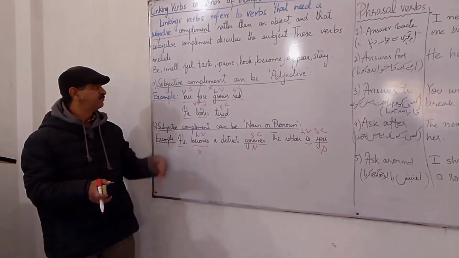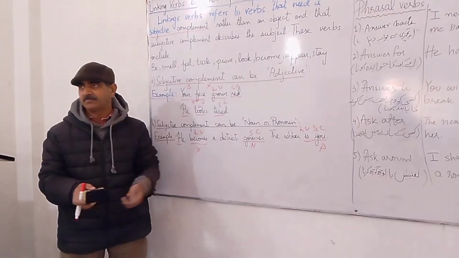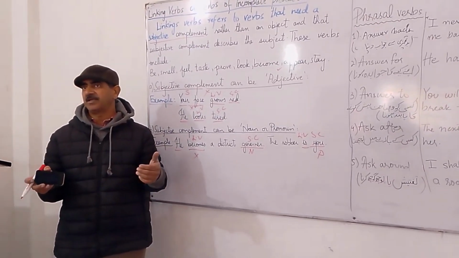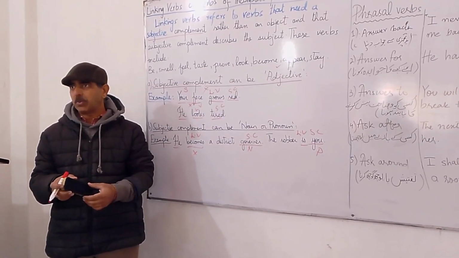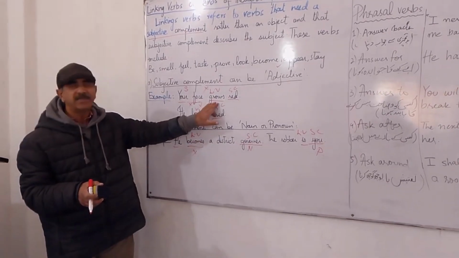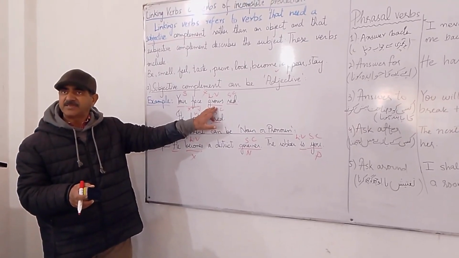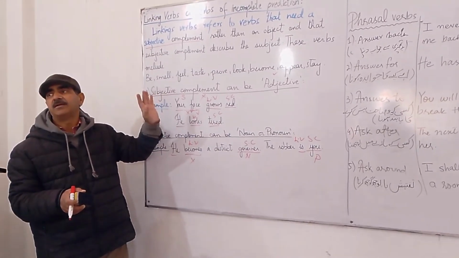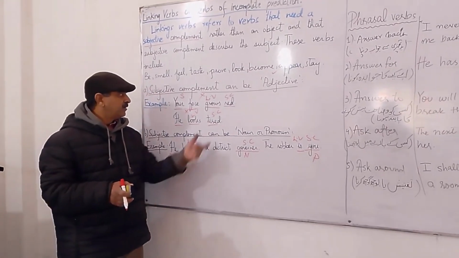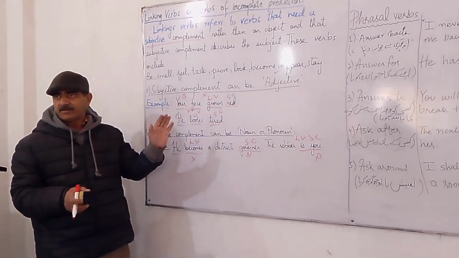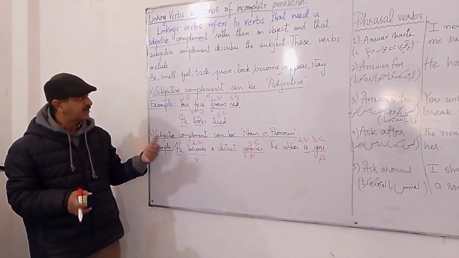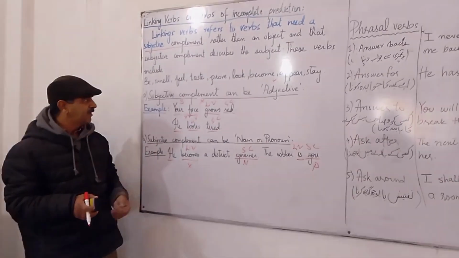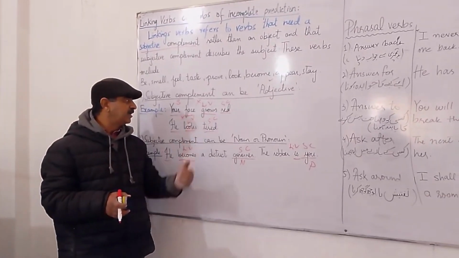If we cross out the linking verb, "your face red," does the sentence give a complete sense? No. It means if we cross the linking verb out of the sentence, it loses meaning. Clear? So this is another touchstone to understand what linking verbs can do.